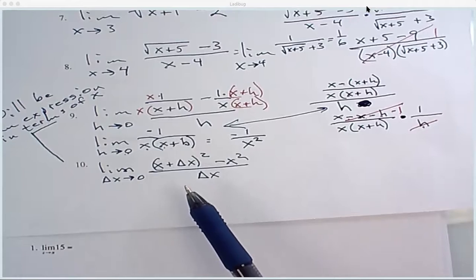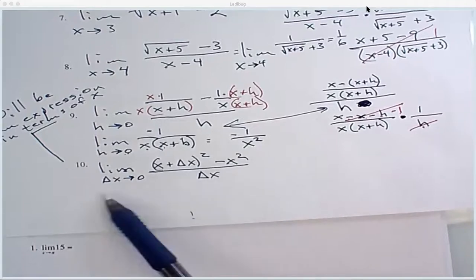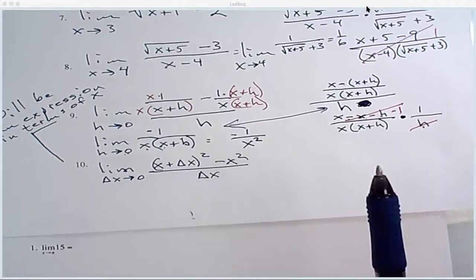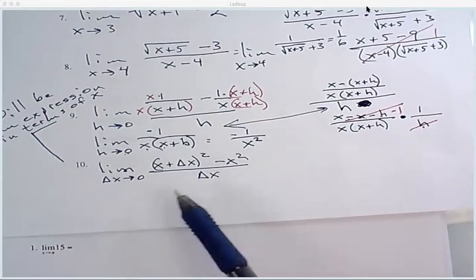I don't care. When you get to college, you'll have professors that will care, and they'll want you to do delta x. Others will say, go ahead, I'm liberal, go put an h in there. In this class, if you don't like delta x, that's fine. Put in an h.